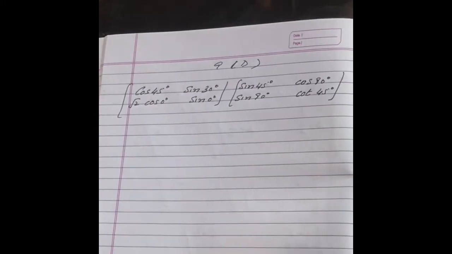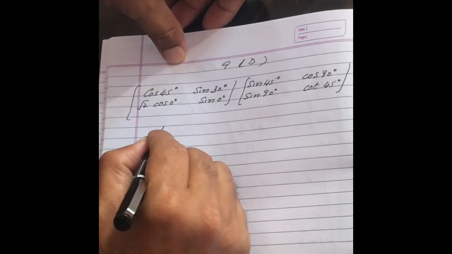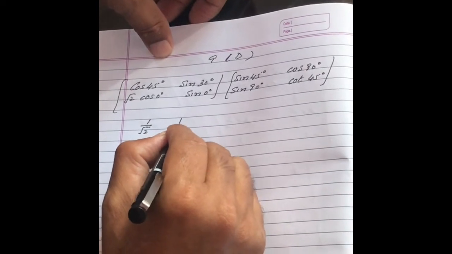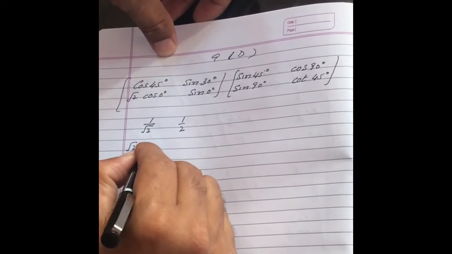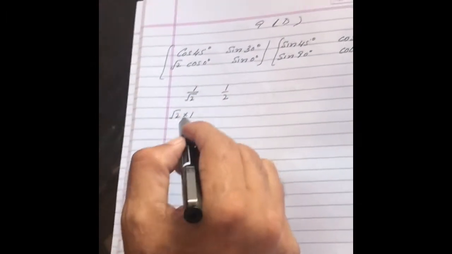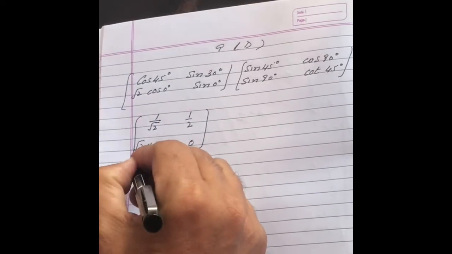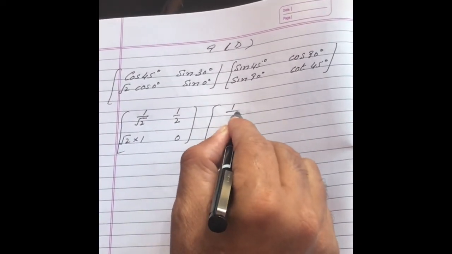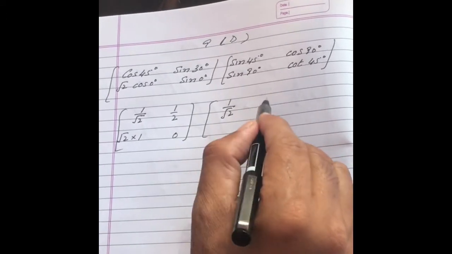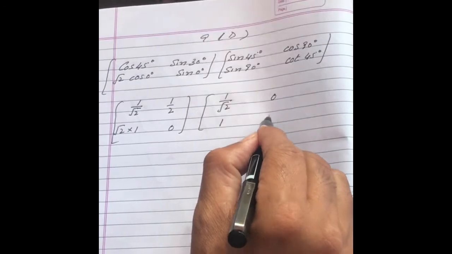Now cos 45 is 1 by root 2, sin 30 is 1 by 2, cos 0 is 1, so root 2 into 1, sin 0 is 0. This is sin 45, 1 by root 2, cos 90 is 0, sin 90 is 1, cot 45 is 1.